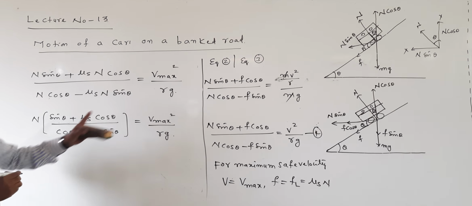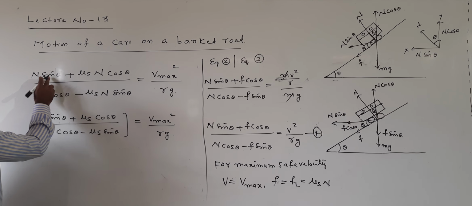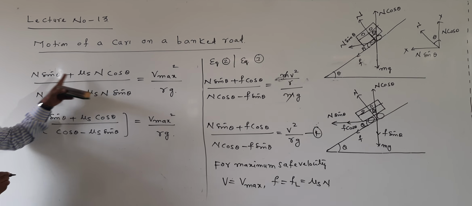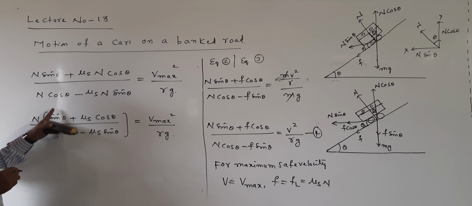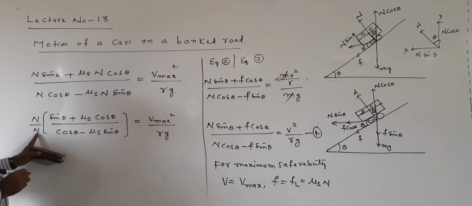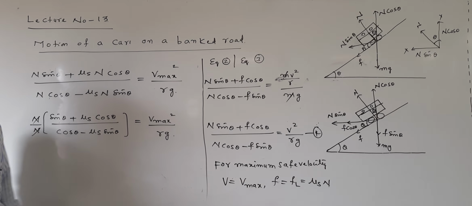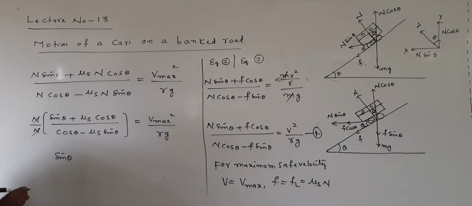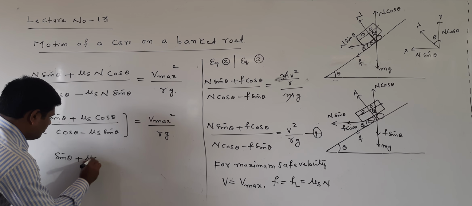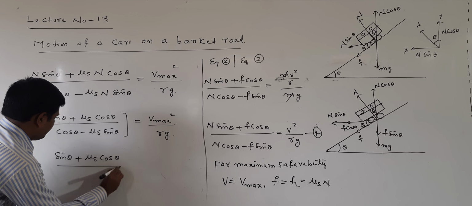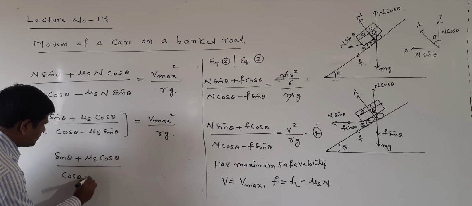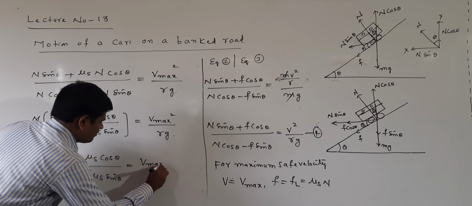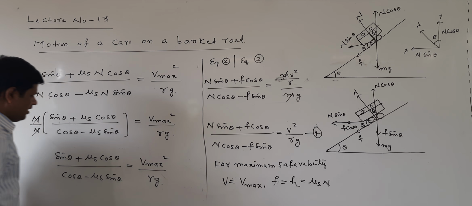In the numerator and denominator I am taking N common. Now N gets cancelled. Now what are we getting here? Simply sin theta plus μs cos theta by cos theta minus μs sin theta is equal to v maximum square by rg.